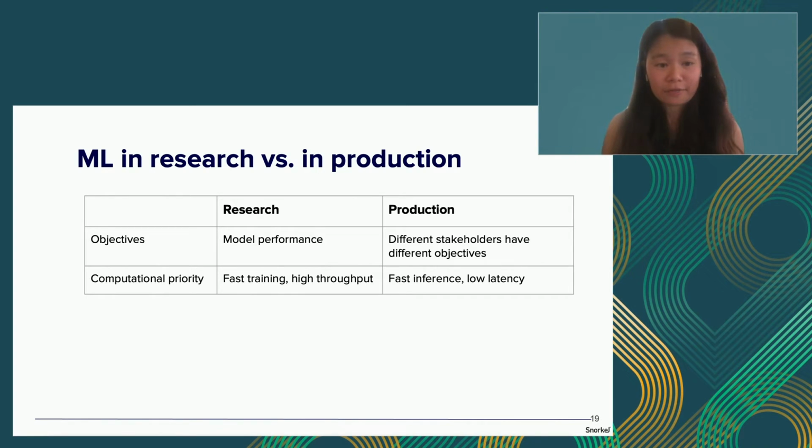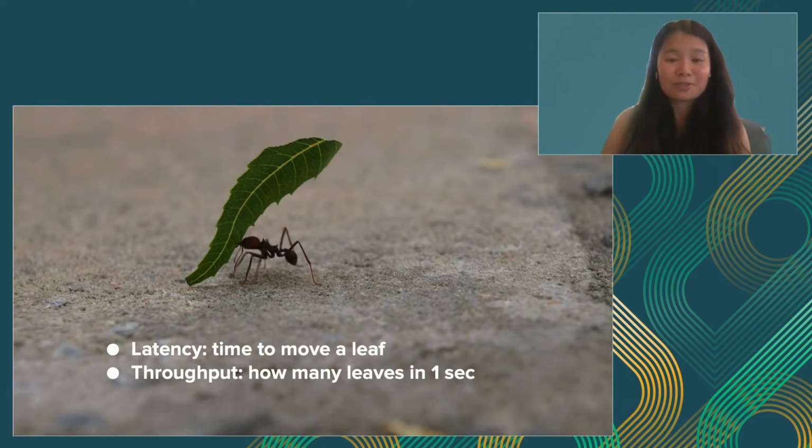The next difference is in computational priority. In research, you want fast training with high throughput, and in production, we want fast inference and low latency. If you're worried about the technical terms, just give me a moment, I'll go over it. Just for a refresher, here's an example that I think is pretty useful in explaining the difference between latency and throughput.